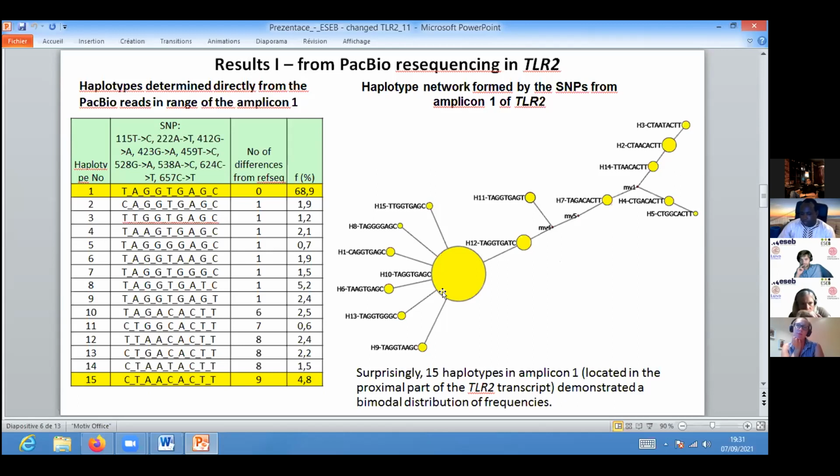Those 15 haplotypes are forming two distinct groups, in other words, they demonstrate a bimodal distribution of frequency.